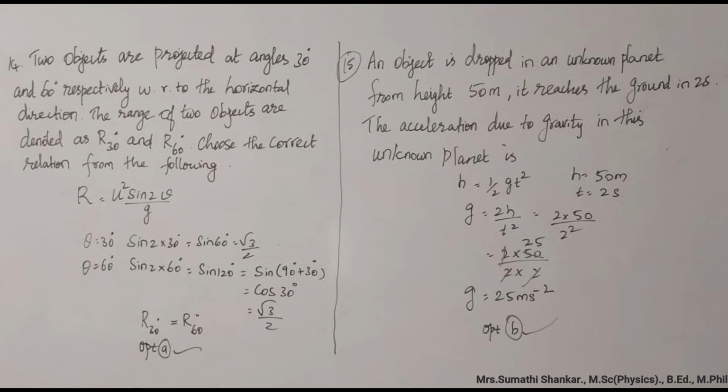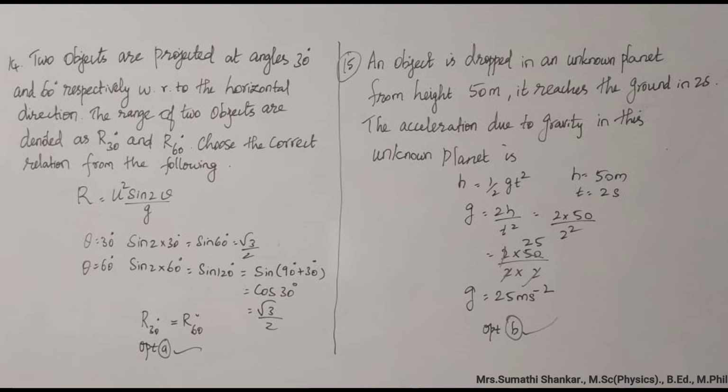Question number 14. Two objects are projected at angles 30 degree and 60 degree respectively with respect to the horizontal direction. The ranges of the two objects are denoted as r30 degree and r60 degree. Choose the correct relation from the following. Here the r formula is u square sine 2 theta divided by g.